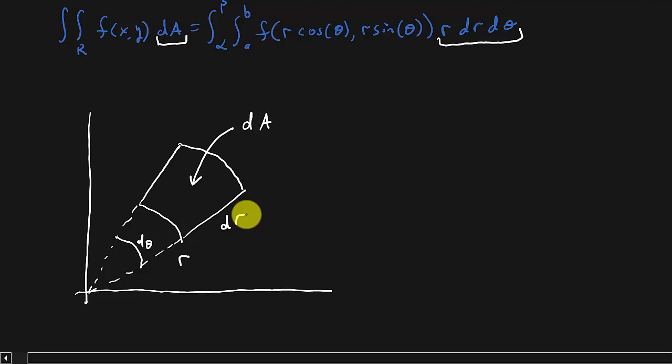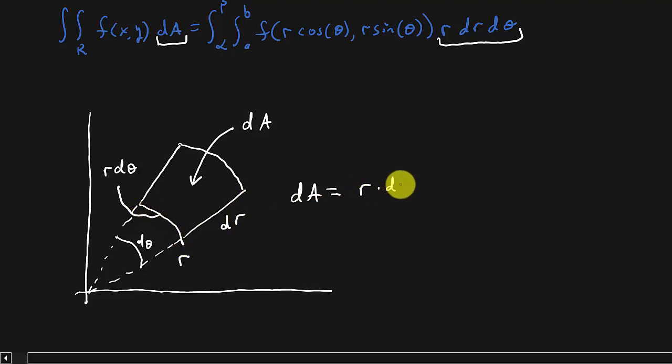Now, we can look at this as finding the area of a square or a rectangle. So what would be the length of this right here? Well, remember the arc length is the radius times the angle, right? So this length here would be r times d theta. And so that would give me dA is equal to this length times this length.